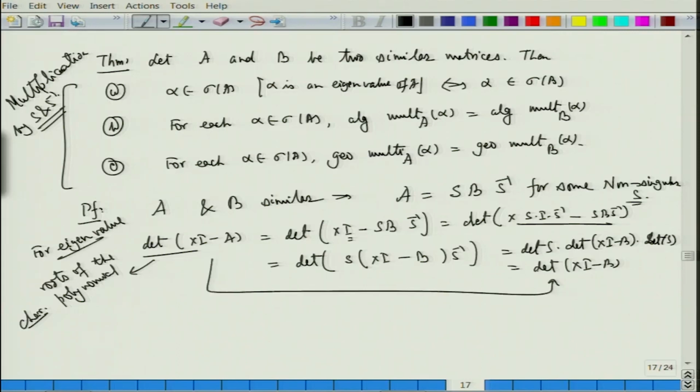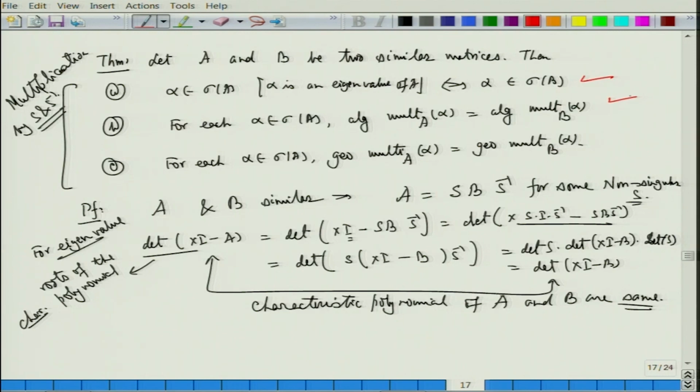So what we are saying here is something more: the characteristic polynomials of A and B are the same. Since their characteristic polynomial is the same, we get A as well as B both together at a time, because algebraic multiplicity is related only to the characteristic polynomial, the roots of the characteristic polynomial.